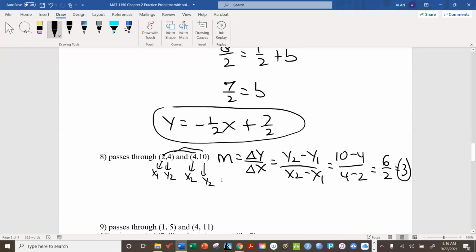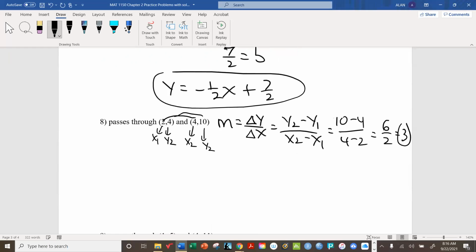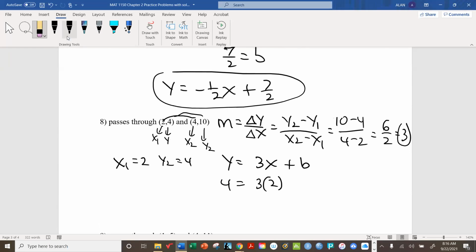With that information, we can go ahead and pick one of the points. Let's pick the first one, not that it matters, and plug that in. Oh, you know what? Hold on. This is y1. Sorry. Okay, we're good now. So it's 2 comma 4.